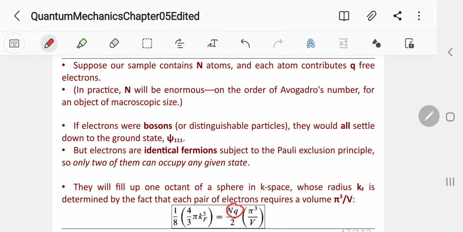But if you have nq electrons, since a block can only contain at most 2, then on the average you have to divide by 2, because that's the number of blocks that you have in that octant, and each block has volume equal to pi cubed over V. And then of course this is 1 octant, so you have 1/8 here, and the volume of the sphere, where the radius is just set to kF.